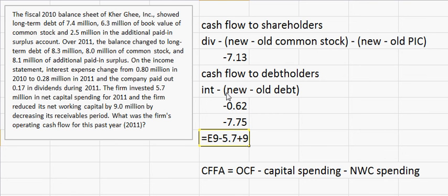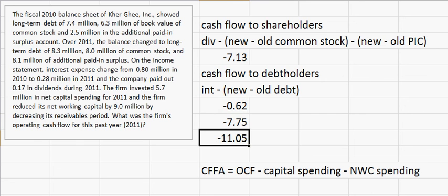This should be E8. But notice now, we've got the negative 7.75 on the other side of the equation, right? So we need to be adding capital spending and subtracting net working capital, but now this should be there, so this needs to come in as a negative, but all on the other side. So these all need to switch, and then you get the right answer.